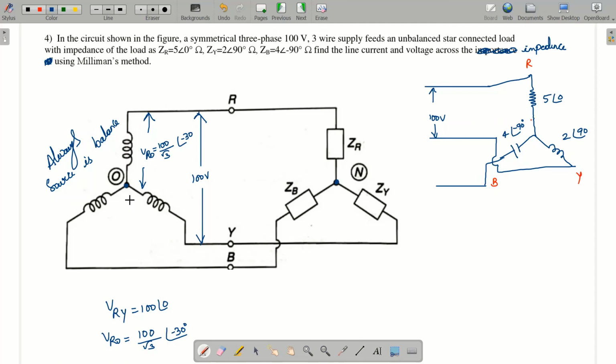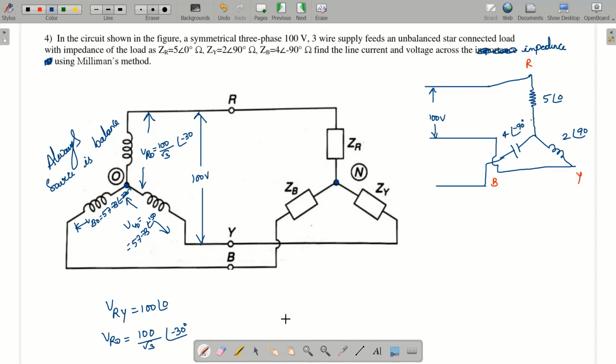Next, VYO I can write as 100 by root 3, which is 57.73 at an angle of minus 150. Similarly VBO is 57.73 at an angle of minus 270.